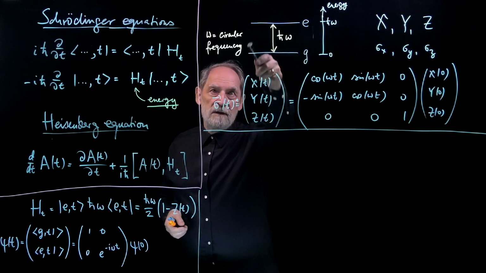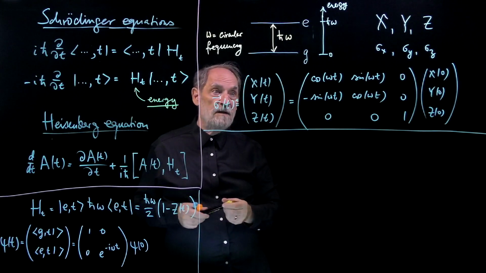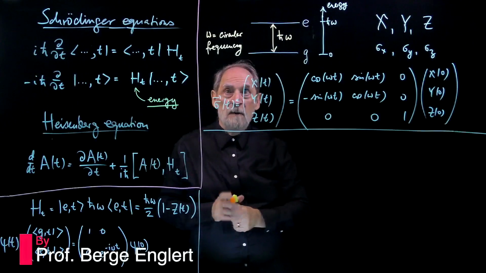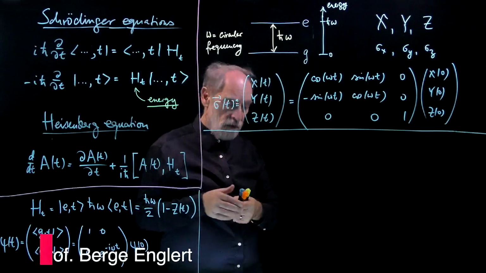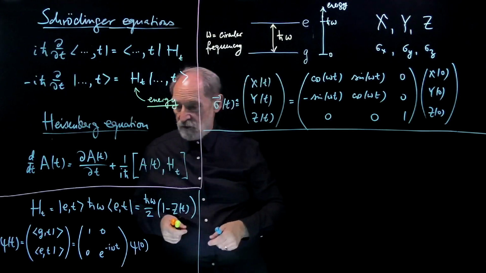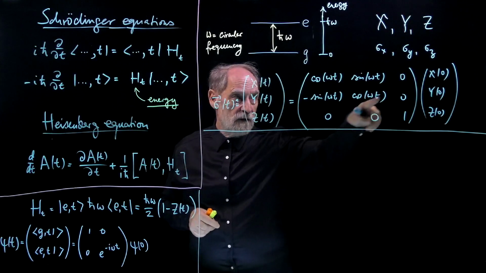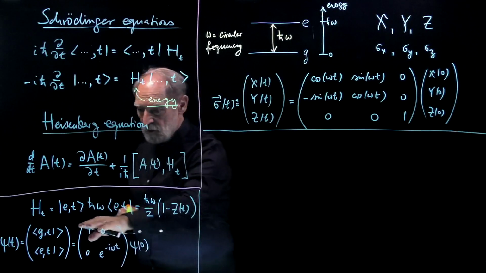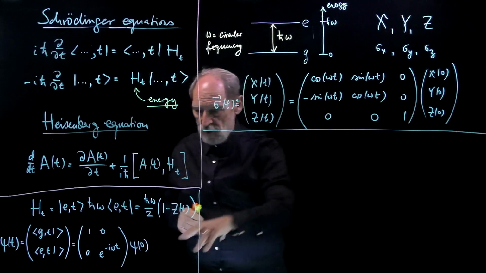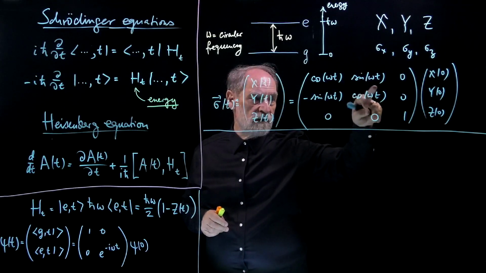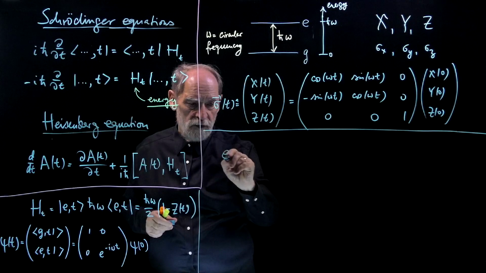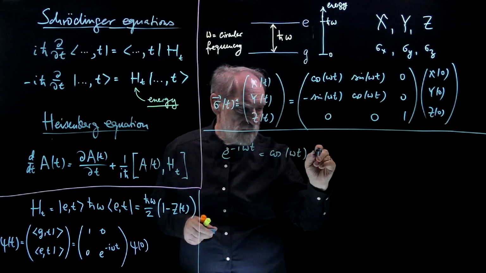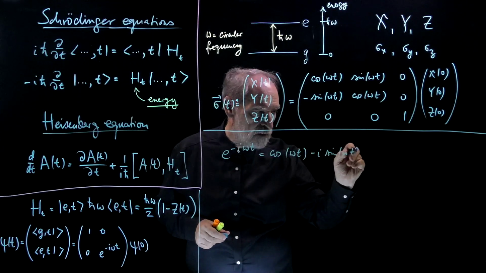So still talking about this system with two states, excited state, ground state, with an energy separation of h bar omega. And I mentioned earlier that omega is a circular frequency. Well, we now understand why that is good terminology. Because if I look at these expressions for the time dependence of the operators x, y, and z, or the time dependence of the wave functions, the essential ingredient is the cosine of omega t, the sine of omega t, or their combination in e to the minus i omega t, where we have the cosine of omega t minus i times the sine of omega t.